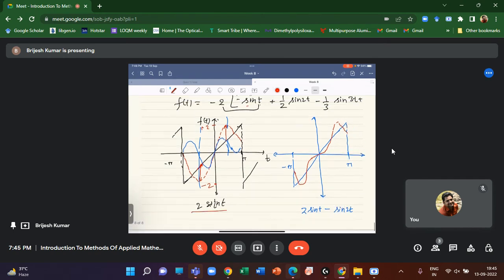You saw that if we consider only the first term, this much deviation is coming, but when we consider these two terms, then only this much deviation comes from this one, right?